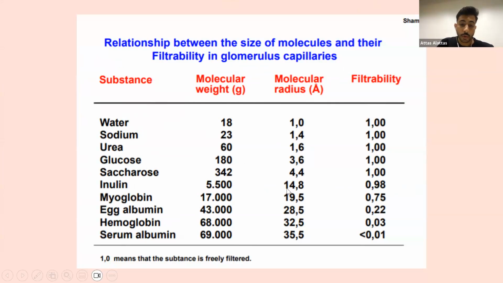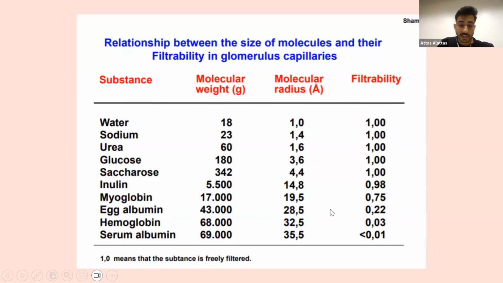However, when you come to myoglobin and substances like hemoglobin and albumin, they're all proteins, and they have a molecular radius between 18 to 42. You can see that myoglobin has 19.5, albumin 28.5, 32.5, and 35.5.